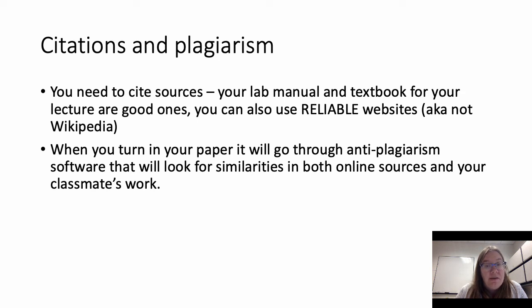You can use the internet to find other sources. Make sure they are reliable websites though. So Wikipedia is not a good one. Look at what website you're using. Is it a real scientific website, or is it someone's blog? Someone's blog is not a good resource. So make sure it's a reliable website.